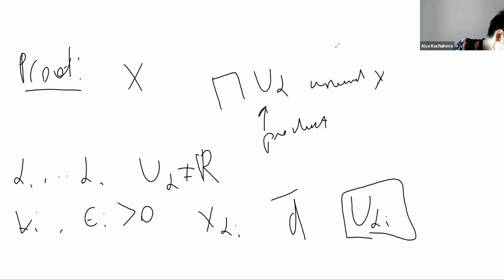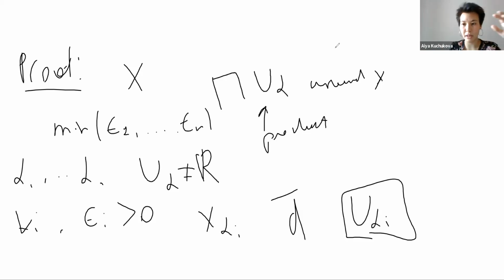Then we do our usual tool: we take the minimum of all of those, epsilon_1 through epsilon_n. Why n?